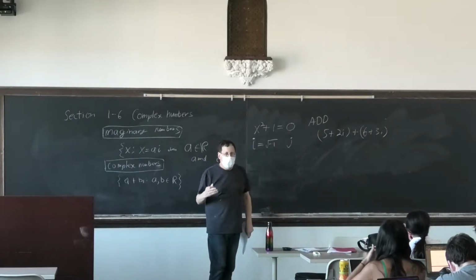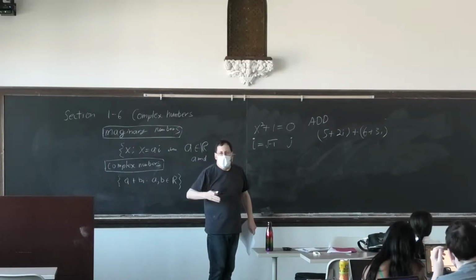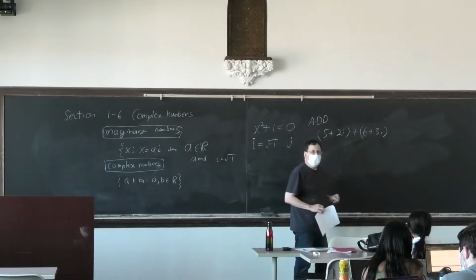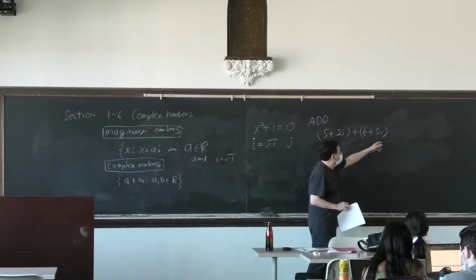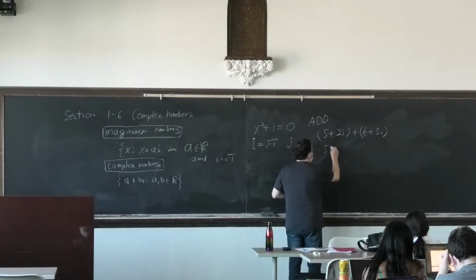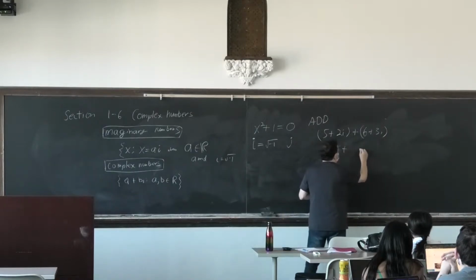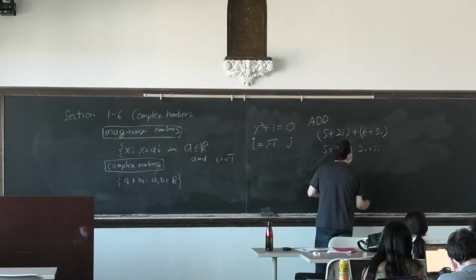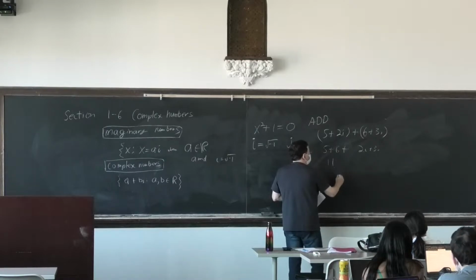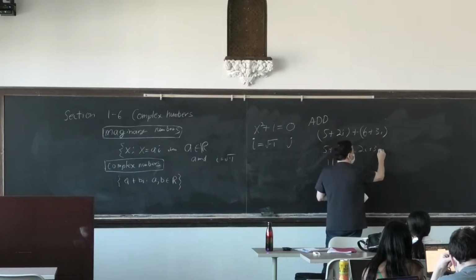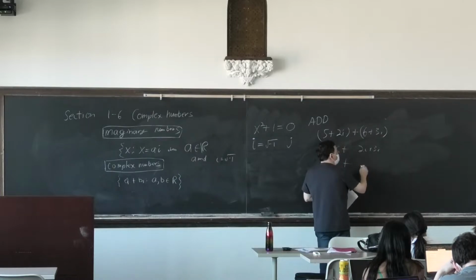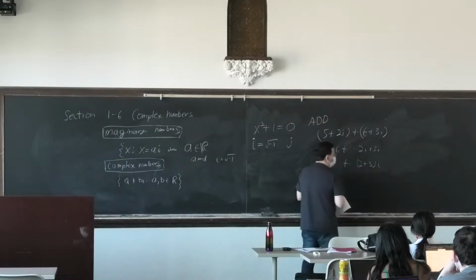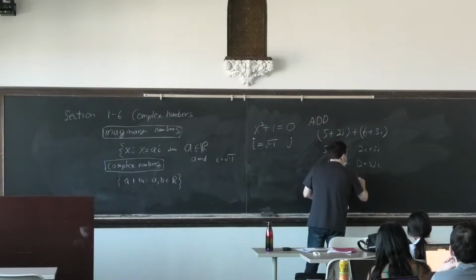Well, you already have the right strategy, because if you thought of this as an x, you'd know how to do it. You just combine like terms. So we're going to add 5 and 6, and we're going to add 2i and 3i. So this is 11. And again, you could use the distributive property, 2 plus 3i, and I'm going to get 11 plus 5i.